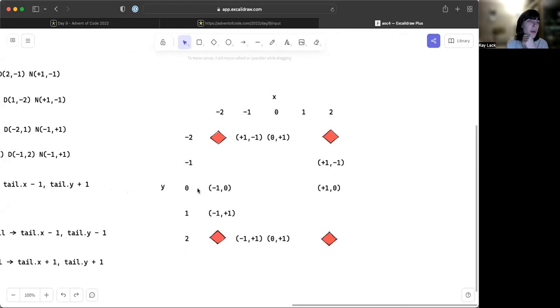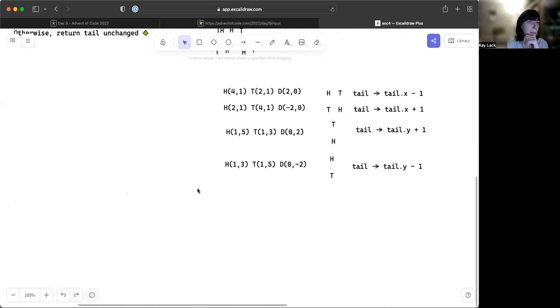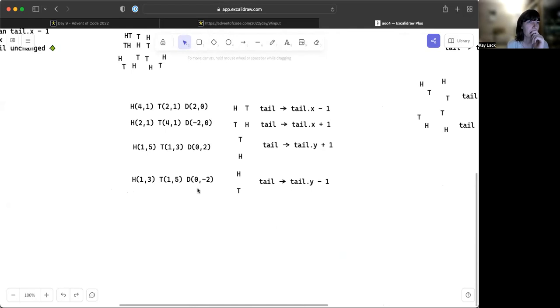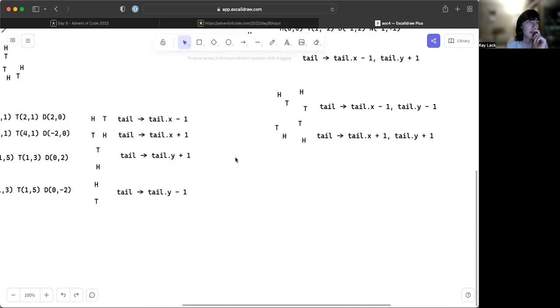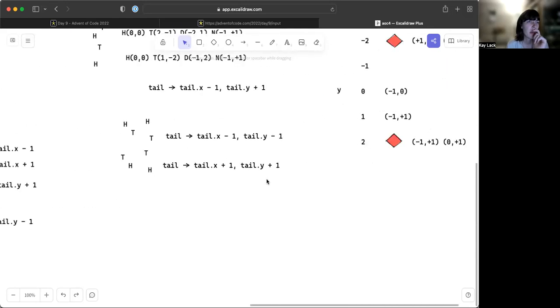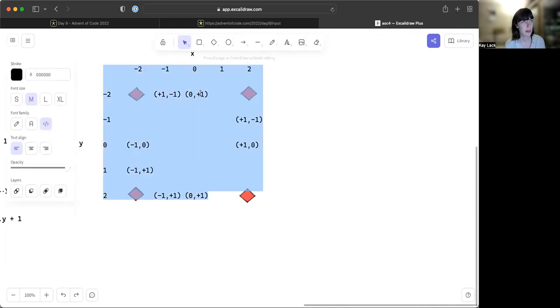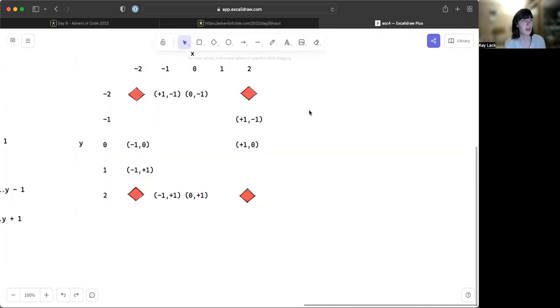Why would they both end up with y increasing? Okay, 0 minus 2. Yeah, see, that's wrong. I made a mistake there. This is right.